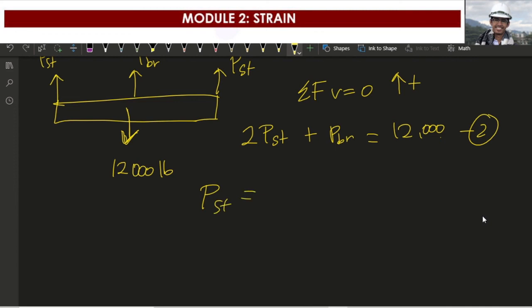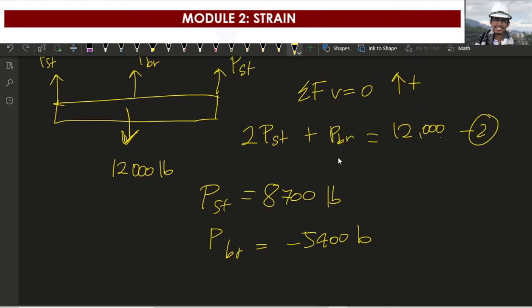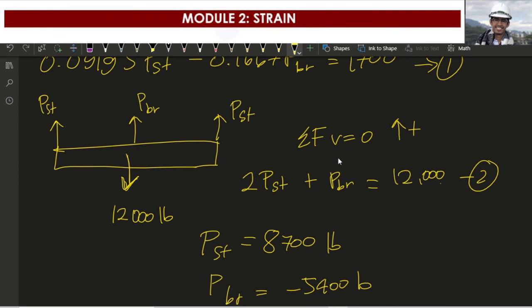So that will be equal to 8,700 pounds, and yung force natin sa bronze, that will be equal to negative 5,400 pounds. Okay? So, kapag negative sign yung bronze natin, negative sign, ibig sabihin downward siya. So, actually, itong bronze natin, downward yung direction niya. Tama? So, that will be downward.